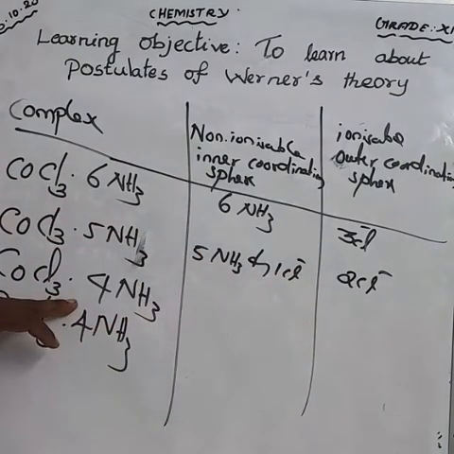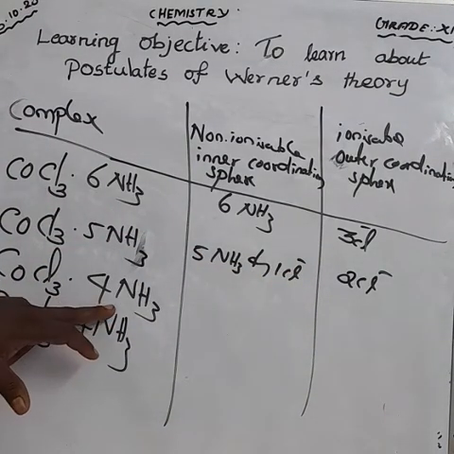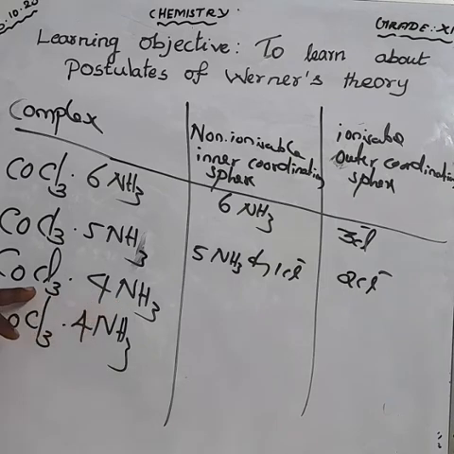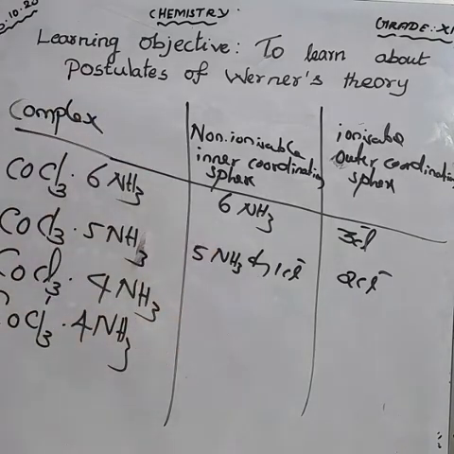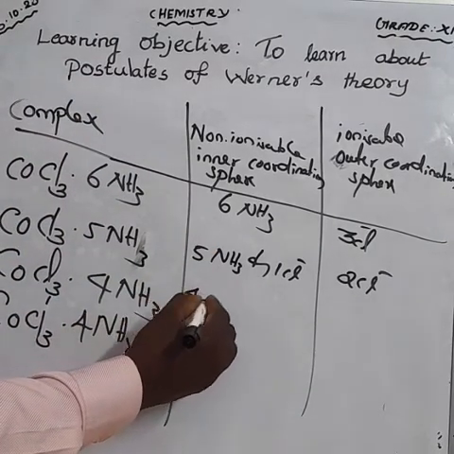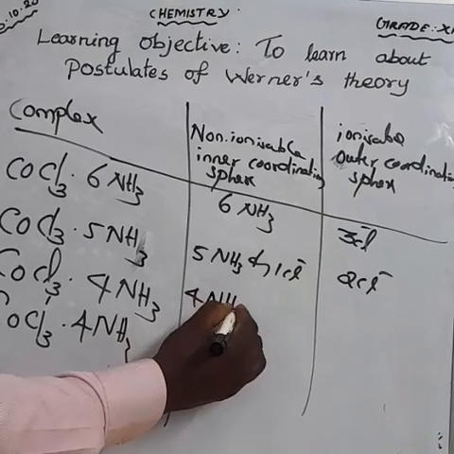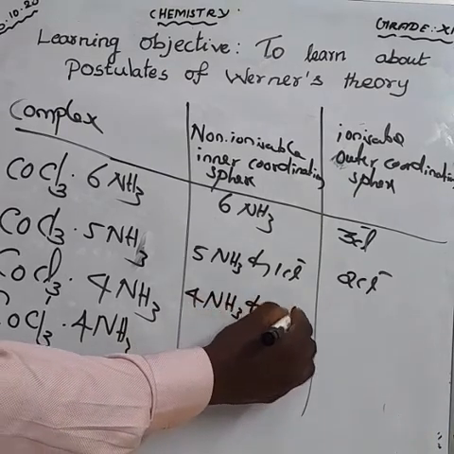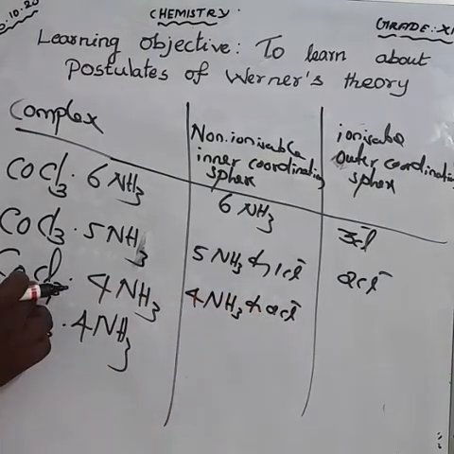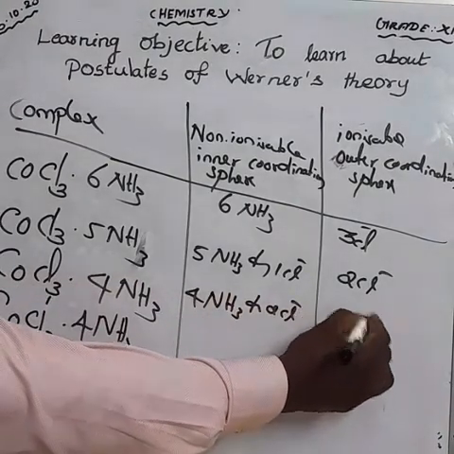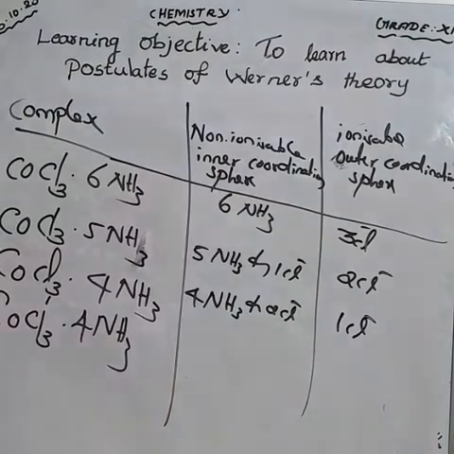The third one: here also 4 NH3 and 2 Cl minus ions. That means 4 plus 2, 6. We need 6. Remaining we have 1, so 1 Cl minus ion is ionizable.